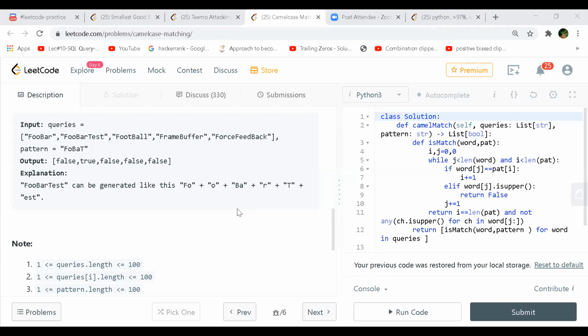So how do we handle that in the regex? Is it possible? In Java, I think it's possible, like any number of lowercase characters. We have libraries for that, right? But in this case you cannot use that.